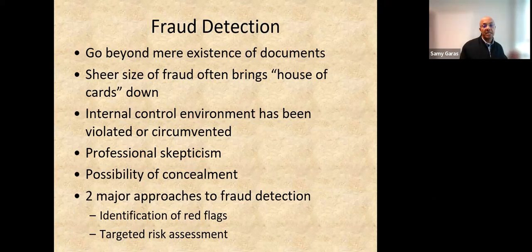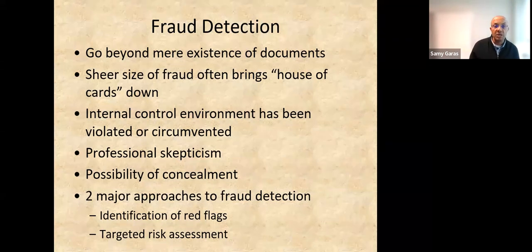And the key point that the auditor has to check all the time is whether there is a good internal control or not. If there is a good internal control, was it circumvented by a group of people, which we call collusion, or not? One of the things that can help the auditor to discover it is professional skepticism, which is a skeptical mindset.